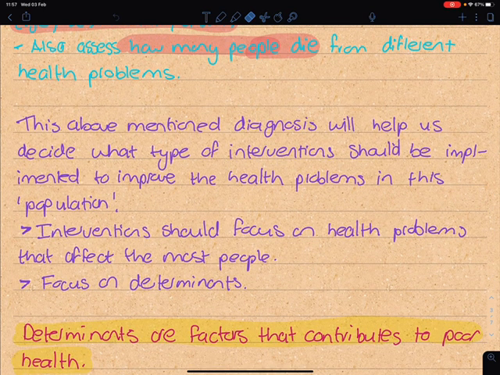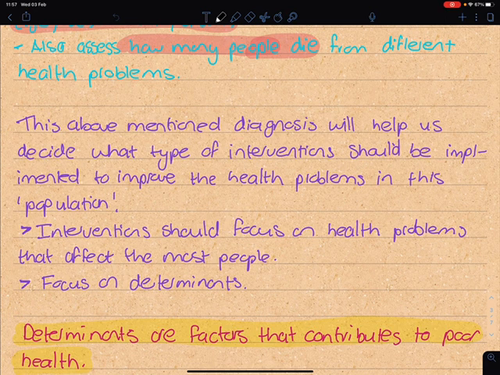Intervention should focus on health problems that affect the most people. So the intervention should be made in such a way that it helps the majority of people, and also the intervention should focus on determinants. So what is a determinant? A determinant is a factor that contributes to poor health.